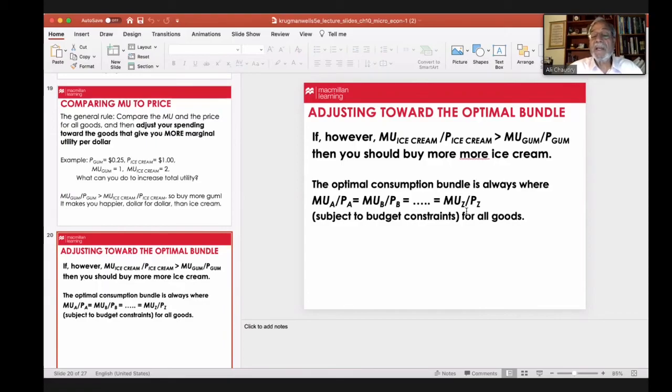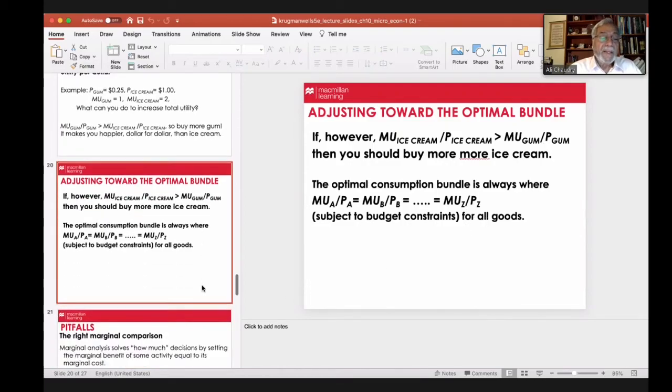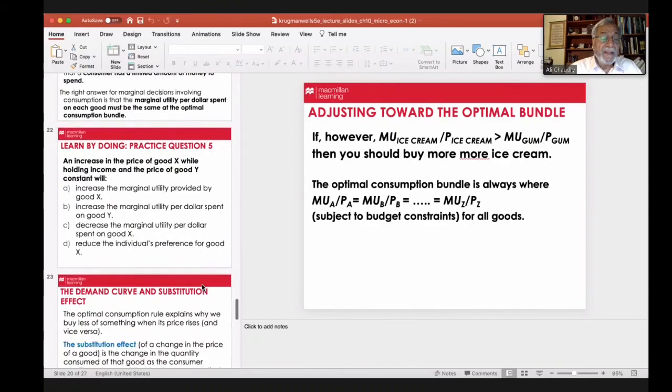In other words, the optimal consumption bundle is that at which the quantities I consume of each item are determined by the ratio of their marginal utilities to the prices of each item. In other words, the utility per dollar spent is equal for each item that I consume.